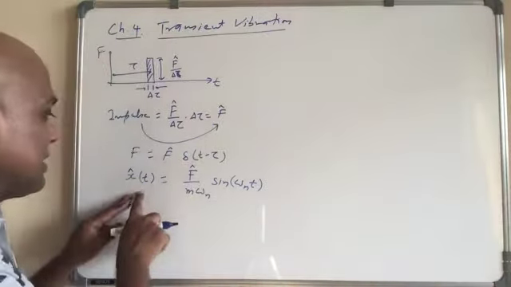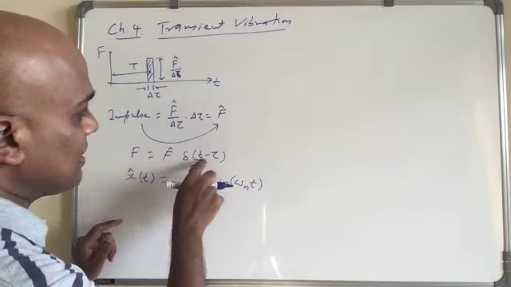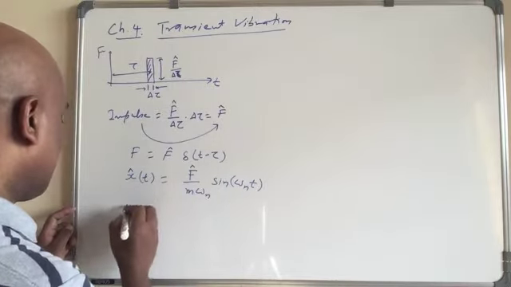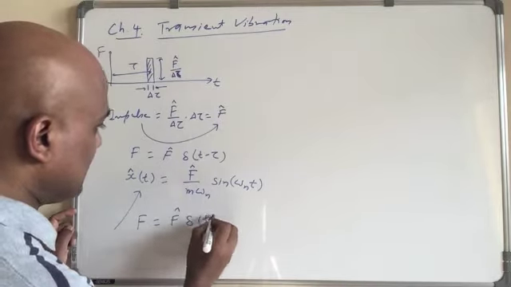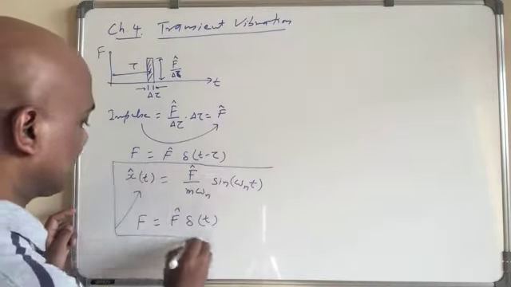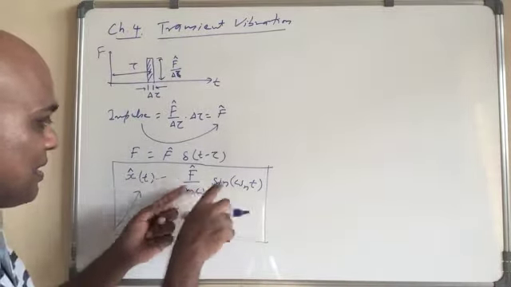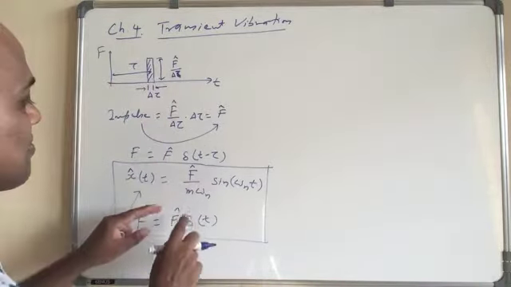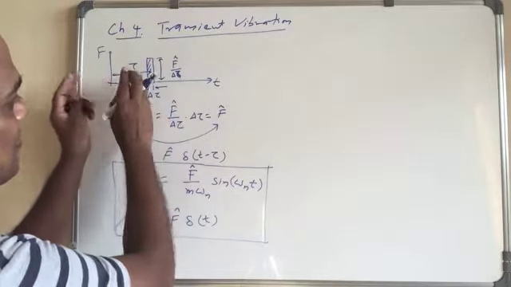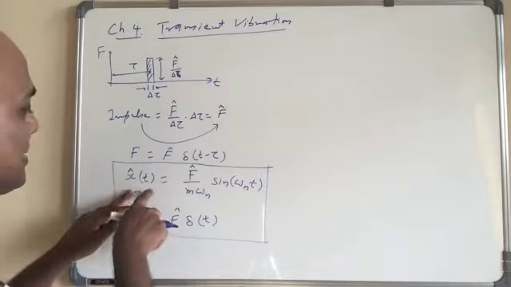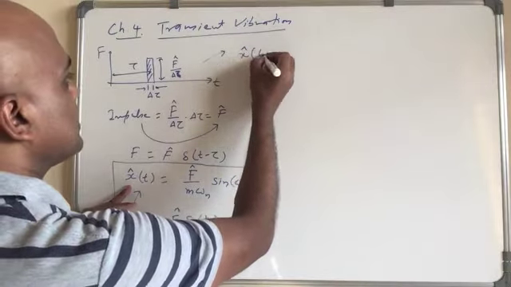Again, remember, the solution we found is actually not for F hat delta of T minus tau. It is for F equal to F hat delta of T; for this we found the solution. For the shifted force, the solution will be shifted by tau, so it will simply be x hat of T minus tau.